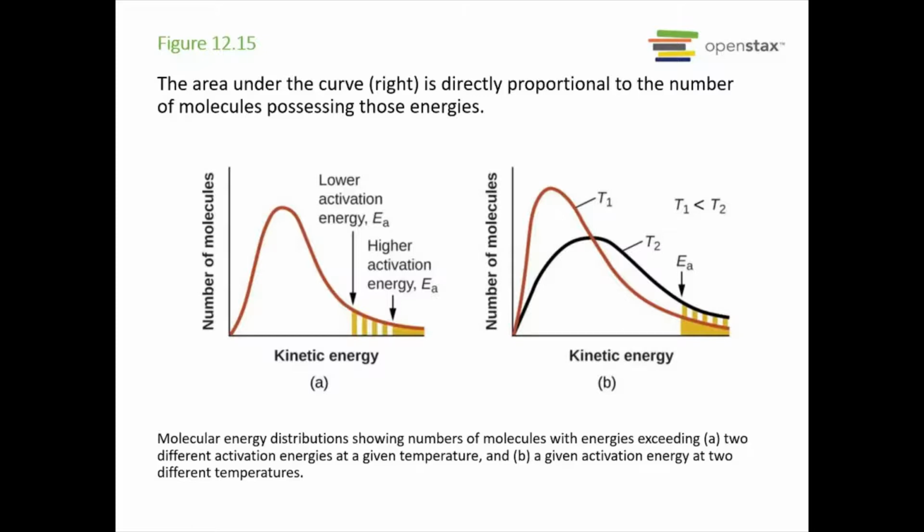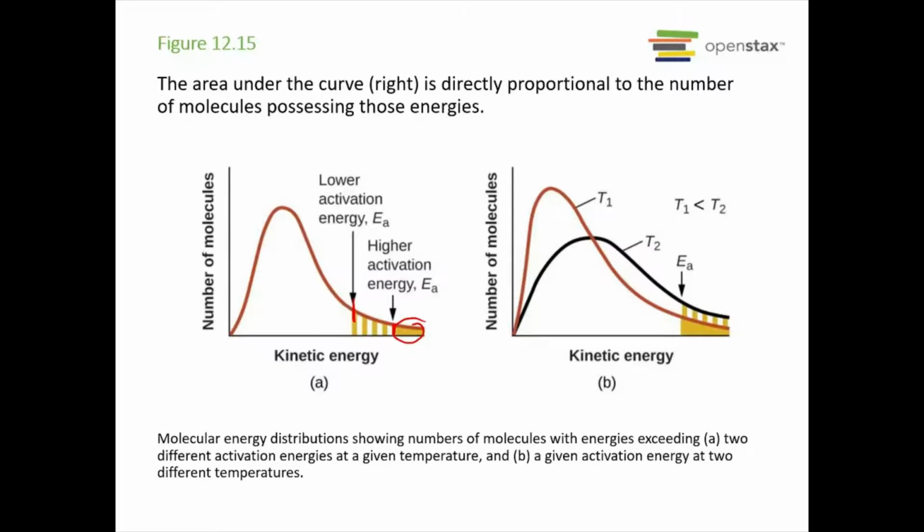So in A, we have two different activation energies, so probably two different systems. We have this one here and this guy. You can see at the lower activation energy, more molecules, so the area under the curve tells us we have more molecules that are at that energy. Whereas if we have something with a higher activation energy on this curve, it's a much lower fraction of molecules that are at that higher energy.